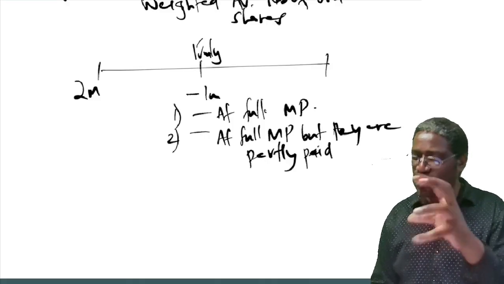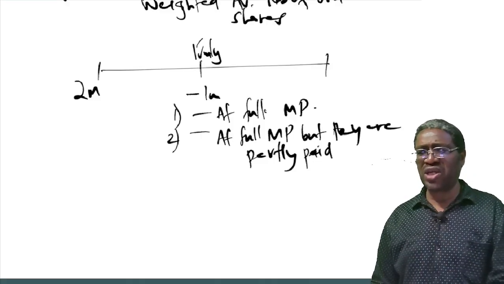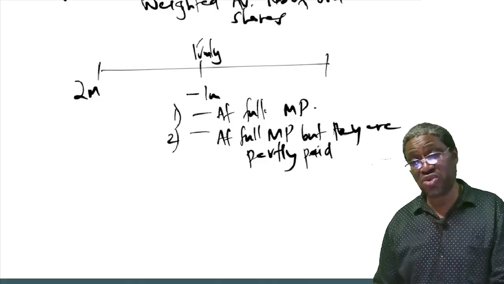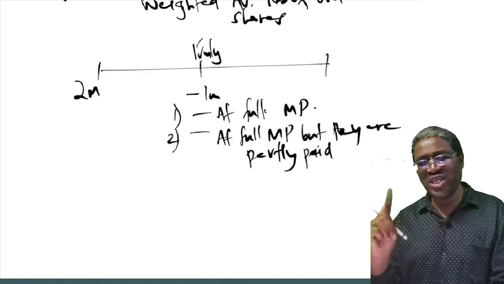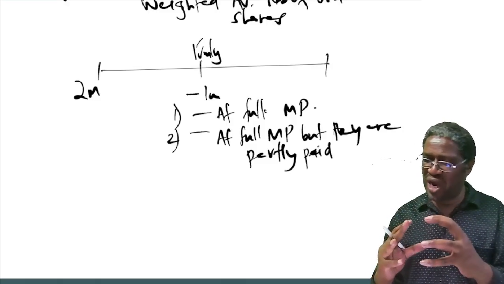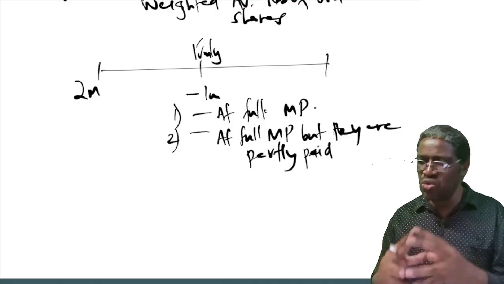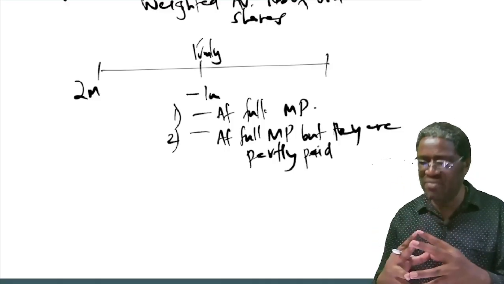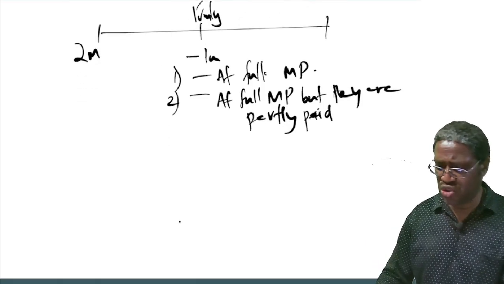There are different rules. Those are the rules we shall emphasize in this topic, because how to compute the weighted average number of shares is the key thing in the topic of earnings per share. You must remember the rules for each and every item that took place during the year. That's the second thing. I'll talk about it in a short while.